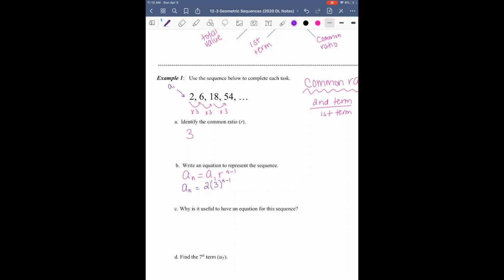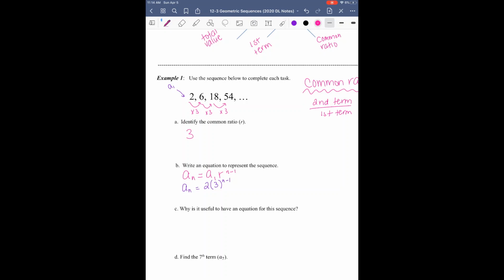If I want to figure out any term in the sequence, all I have to do is substitute in n for the number of terms, and I'll be able to figure out the value of that term. So why is it useful to have an equation for this sequence? It's useful because it's a quicker way for me to figure out any term in the sequence instead of having to complete the pattern every single time to get to the term.